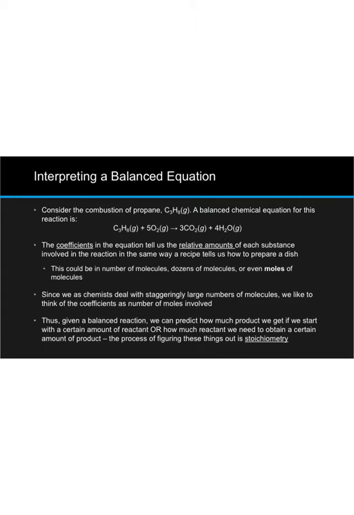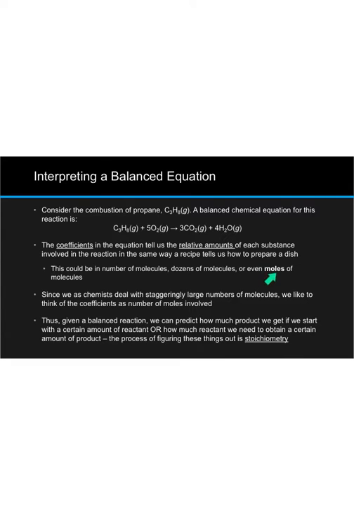This quantity, represented by coefficients in a balanced reaction, tells us both the precise number of all of the reactants necessary to make a certain number of each type of product, and it can tell us the ratio of reactants to products. Therefore, coefficients represent the number of individual molecules, or could represent dozens of molecules, or could represent moles of molecules.